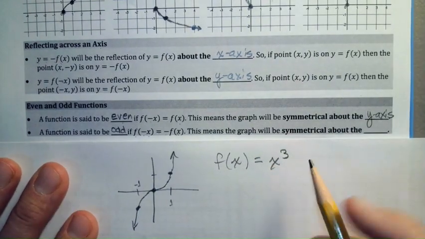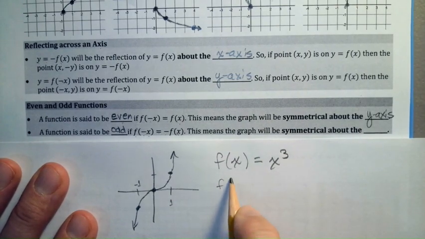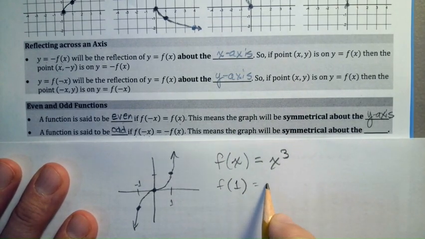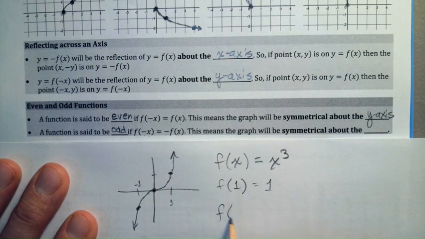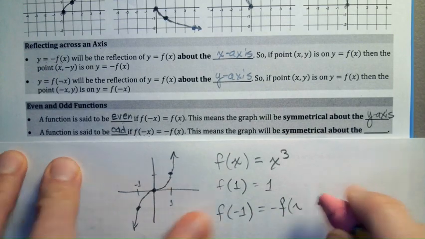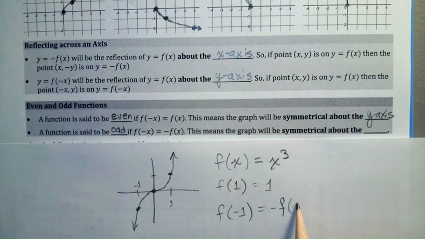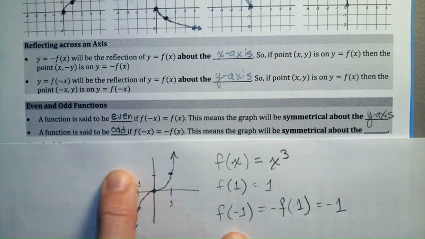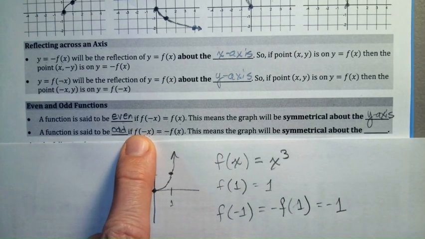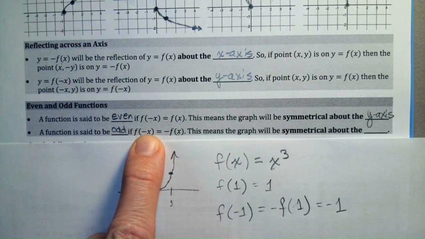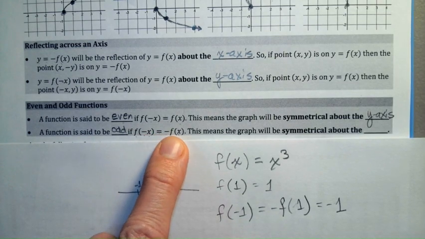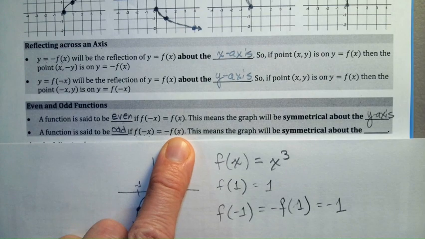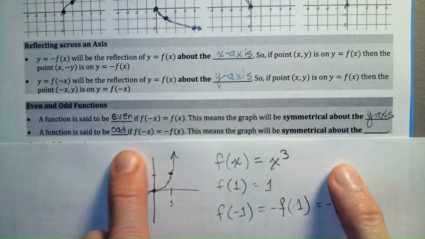And so think about this. f of 1, that's equal to 1. f of negative 1, that's equal to negative f of 1, which is negative 1. So you can see the rule says if the function evaluated at negative x is equal to the negative of f of x, then it's odd.